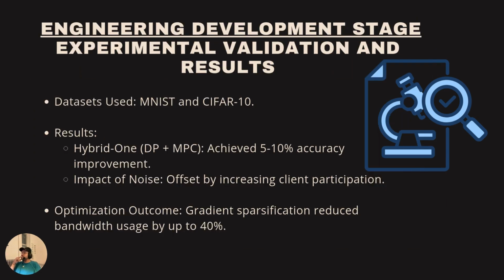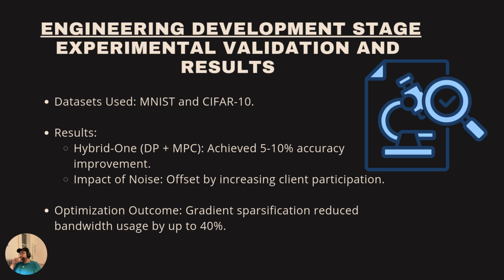In the experimental validation results, we evaluated the system using benchmark datasets like MNIST and CIFAR-10 to measure performance under privacy constraints. The results demonstrated that the hybrid approach, which combines differential privacy with multi party computation, achieved an accuracy improvement of 5 to 10% compared to traditional methods.